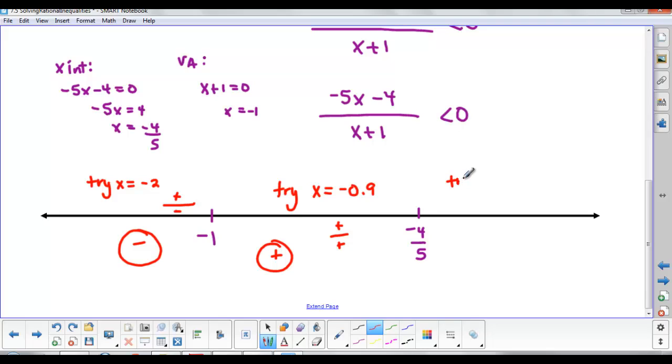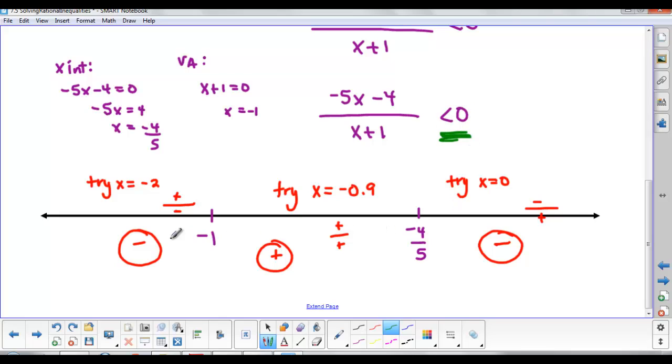And then finally, we'll try something that's greater than negative 4/5, so we'll try x equals 0. Subbing in 0, we should get negative in the numerator and a positive in the denominator, so altogether that interval should be negative.